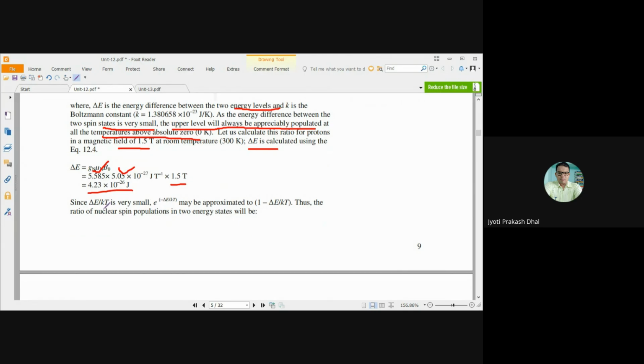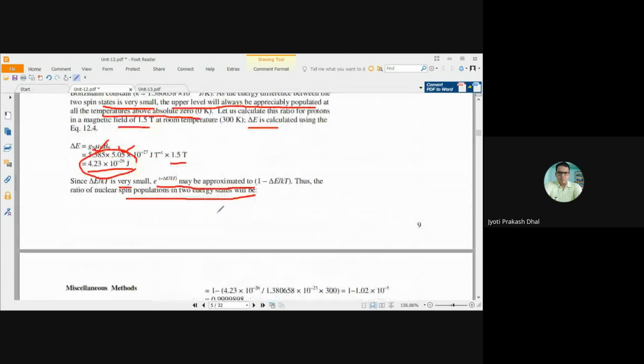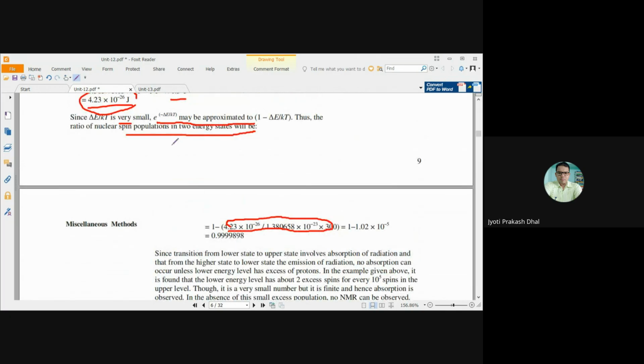That gives del E equal to 4.23 into 10 to the power minus 26 joule. The del E value is extremely small, and since del E by kT is very small, e to the power minus del E by kT can be approximated as 1 minus del E by kT.